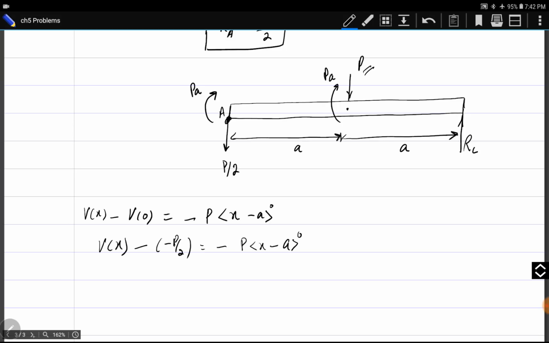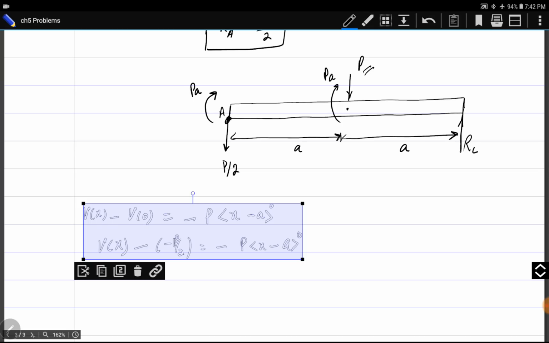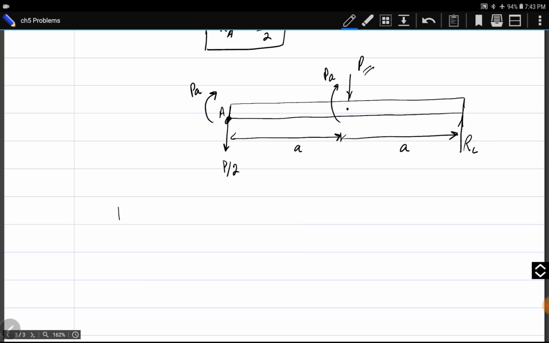Okay, instead of this, if I use another method for your understanding, I simply write a singularity function of this expression, and this force P by 2. This force P by 2 is downward, so minus P by 2 x minus 0 power 0. And then again, a singularity function for this force P is equal to minus P into x minus a power 0.